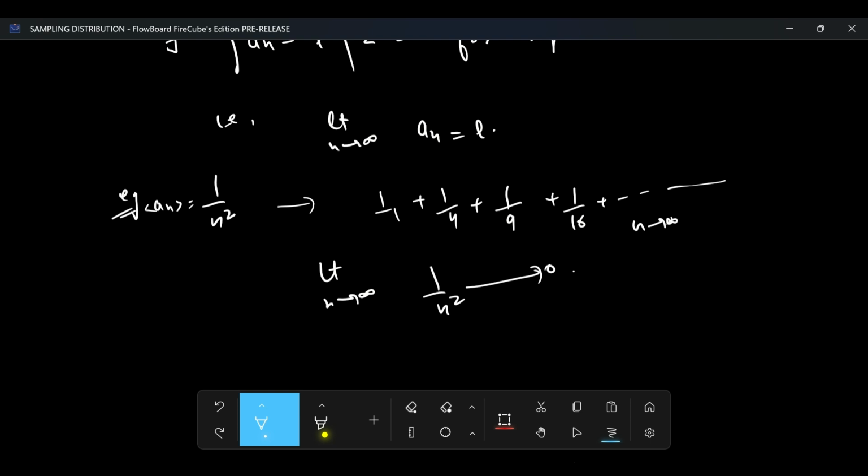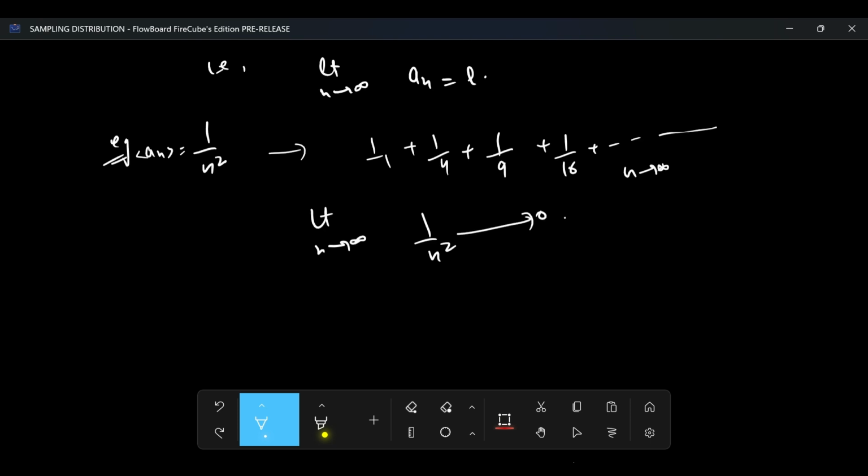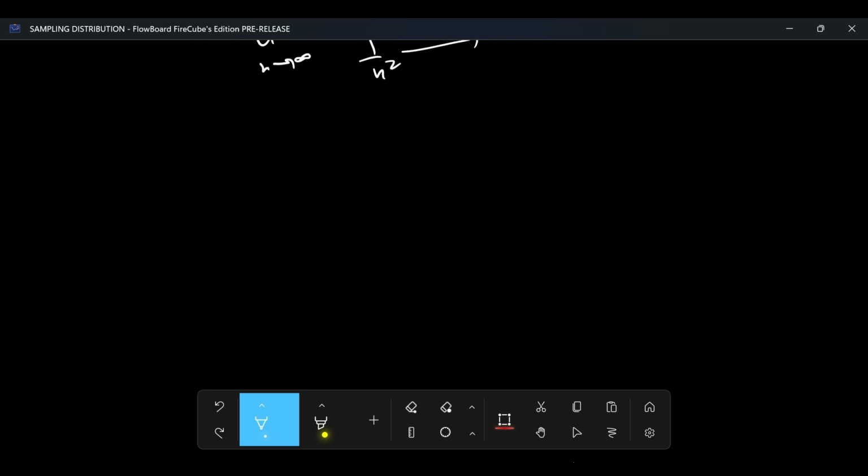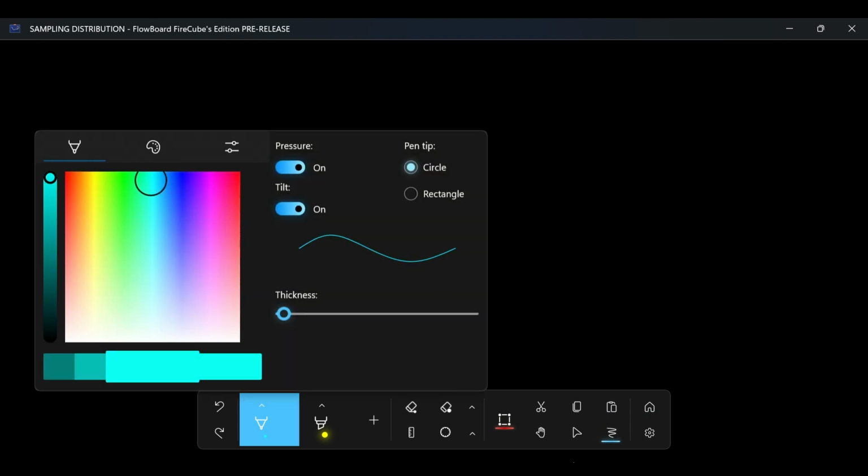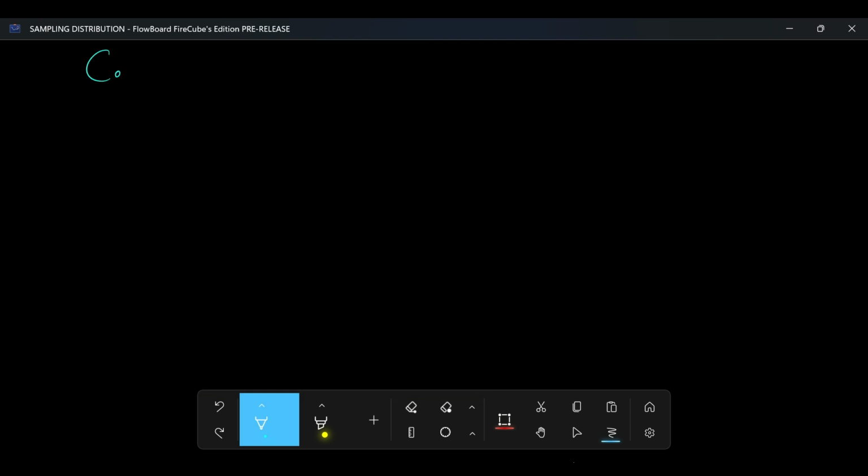Same we can see in statistics. In statistics we have convergence in probability. See what it actually means.